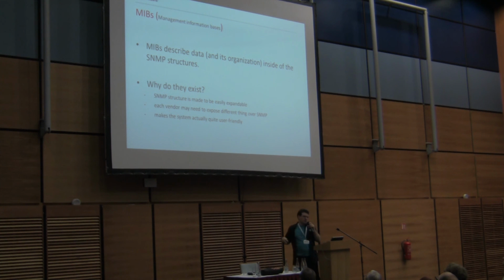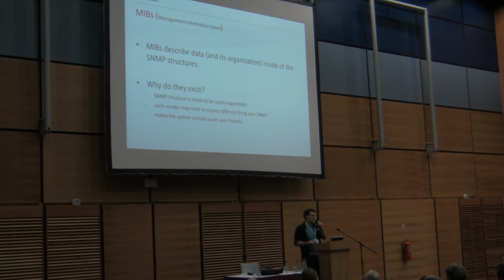Again, we are talking about SNMP and what it is and about SNMP basics. So let's talk about MIBs, Management Information Bases. So MIBs actually describe data and its organization inside of the SNMP structures. And why do they exist? Actually, SNMP structure is made to be easily expandable, extensible by the MIBs, because each vendor may need to expose different things over SNMP.